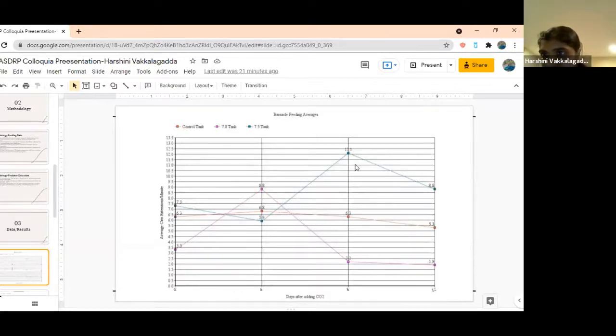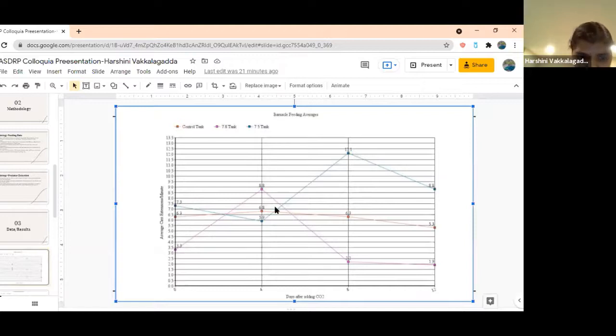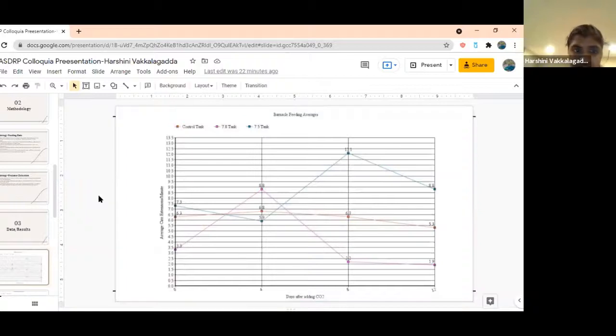At the bottom of this, it shows the days after the CO2 was placed, and it shows, I don't know if you guys can see this, 0 days, 4 days, 8 days, and 12 days. Over that time, for the control tank, there was not much fluctuation in the average cirri count.